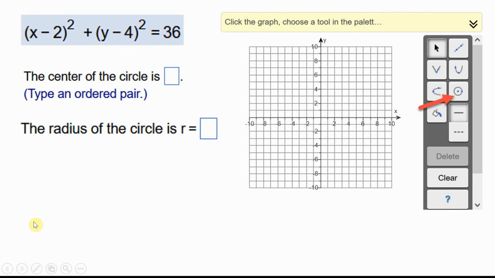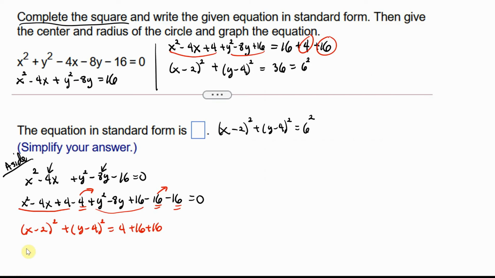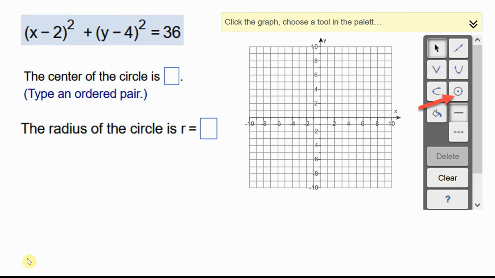Then from there you want to graph that. So the center, go back and look at what we have. So the center is 2, 4, and the radius is 6. And so we graph, we find 2, 4, x equal to 2, y equal to 4.